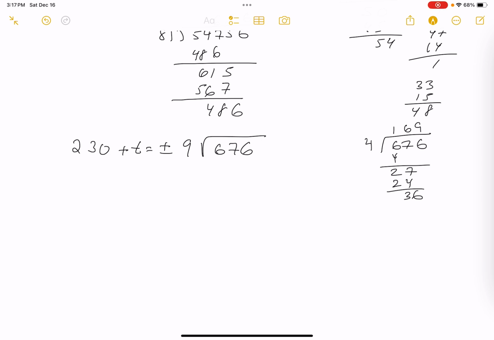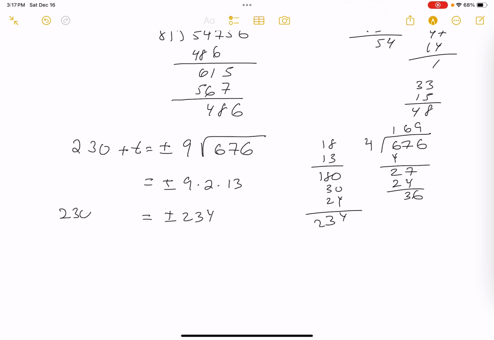Oh, look at that, 169. So what do you have here? Plus or minus 9. The square root of 4 is 2, and the square root of 169 is 13. This doesn't look so bad, and it's going to be 18 times 13. 10 times 18 is 180. 3 times 18 is 54. That's 234.